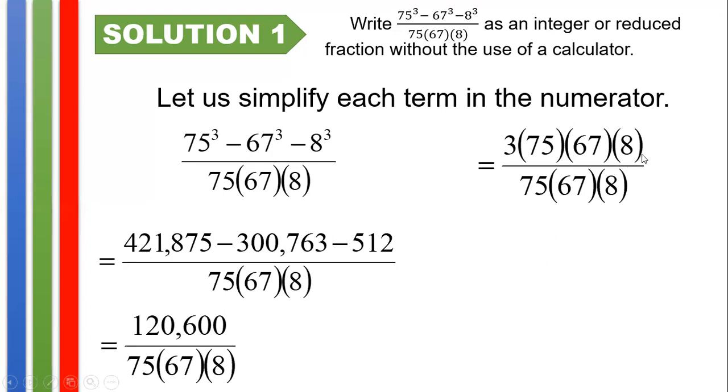And we could check that 75, 67, and 8 are common factors of our numerator and denominator. And so by division, this becomes 1, 1, and this is also 1. And hence, the answer to this problem is 3.